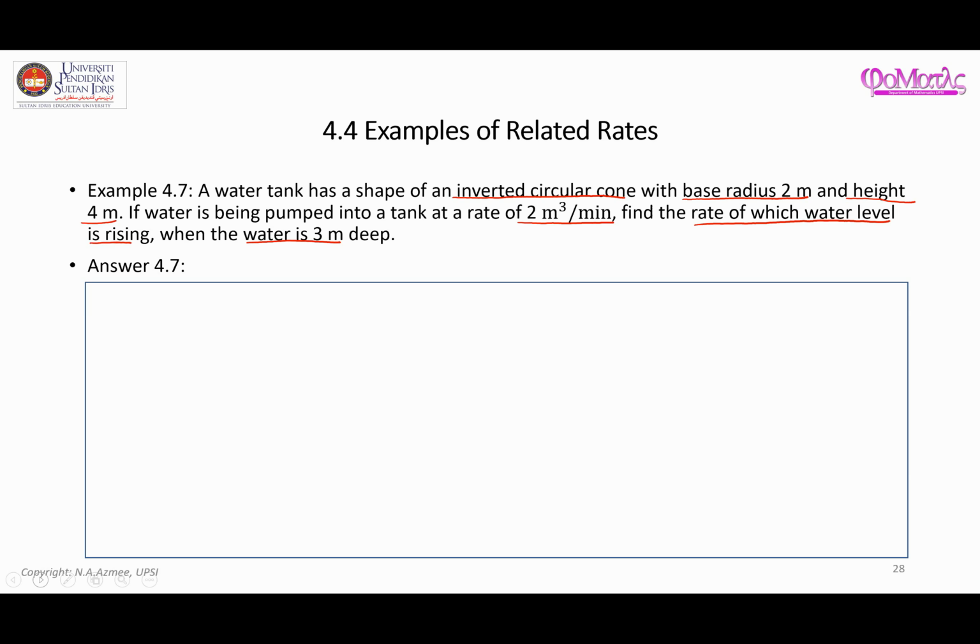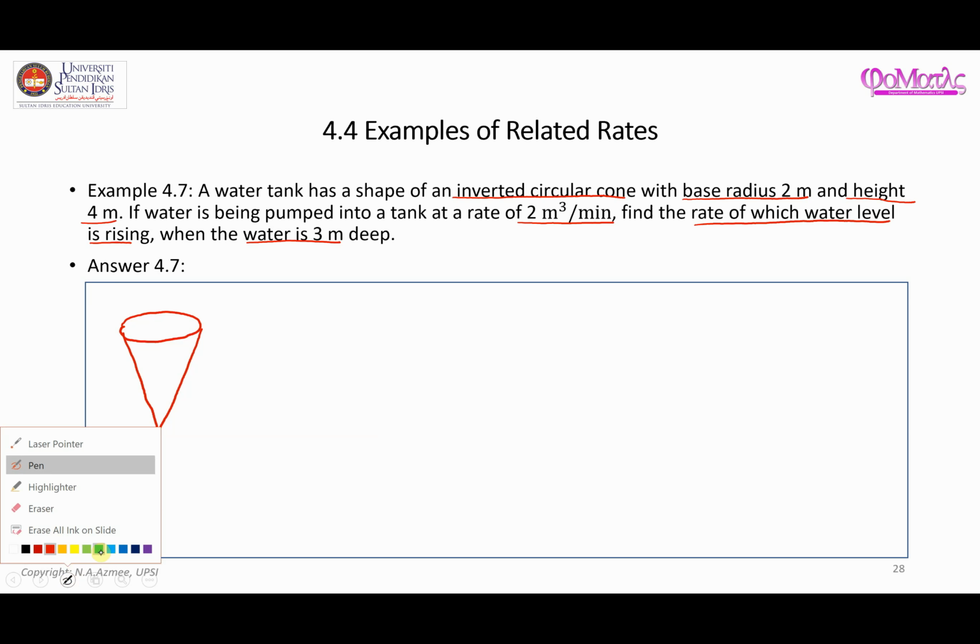So first of all, maybe we can start off by imagining how this inverted circular cone may look like. This is the water tank. The water tank has this shape, an inverted circular cone, maybe something like this. Okay, that looks all right. Now, we're going to take out all the relevant information here.